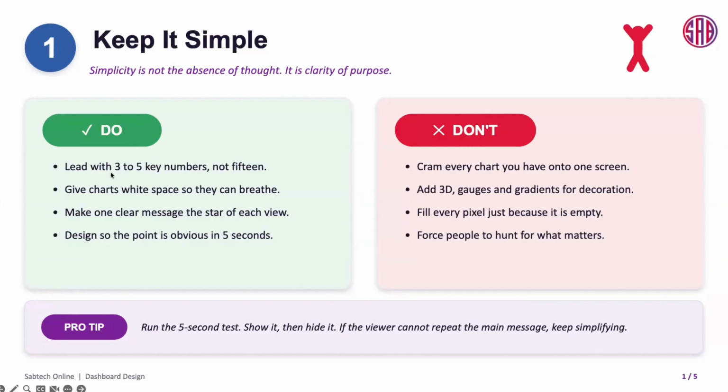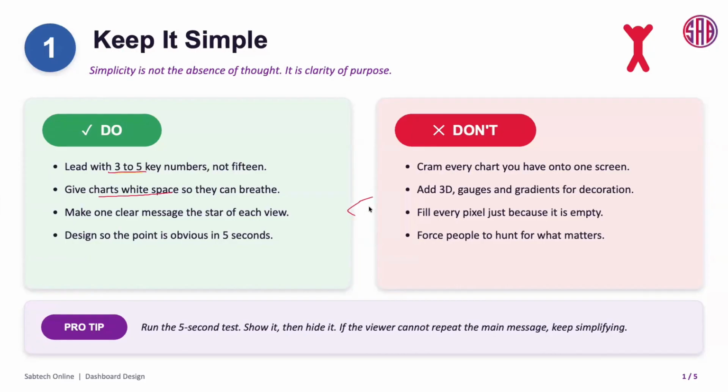Make sure that you have not more than, let me get a highlighter here. Yeah, here we go. Oh, I need a red one. So make sure that you have 3 to 5 key numbers on your dashboard. Keep the white spaces.